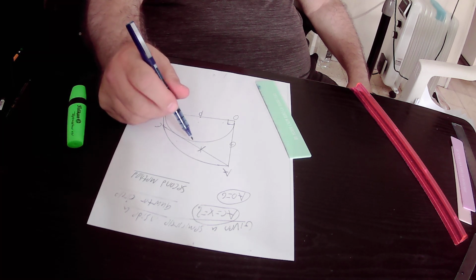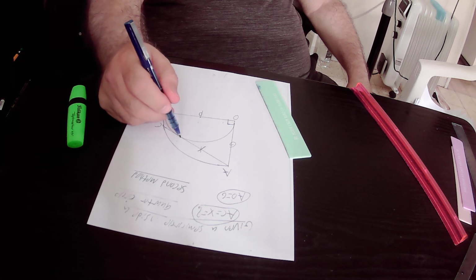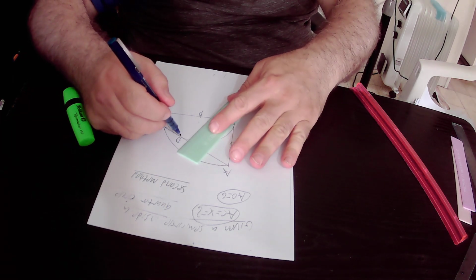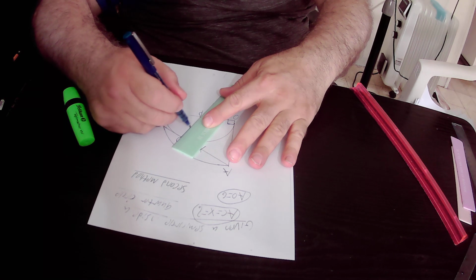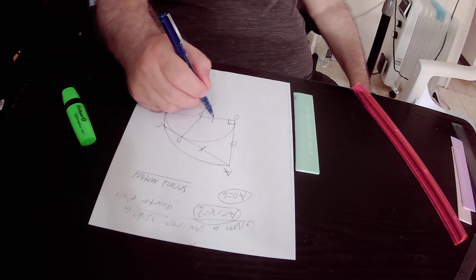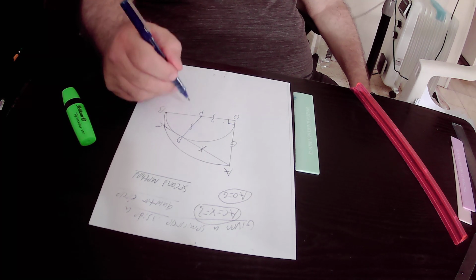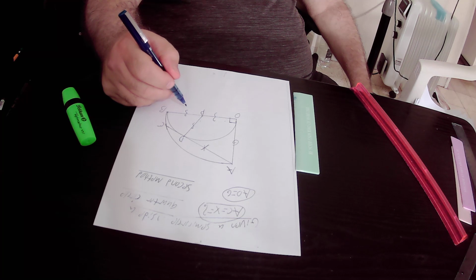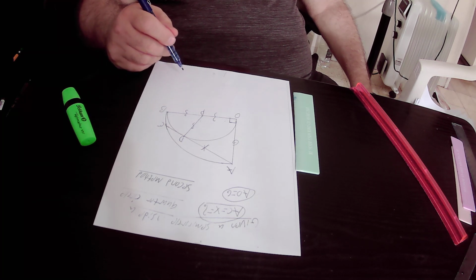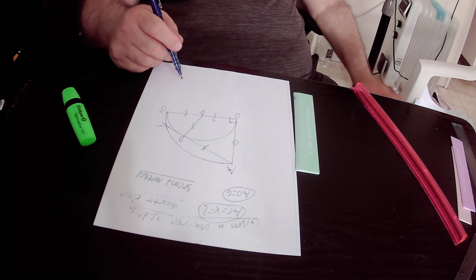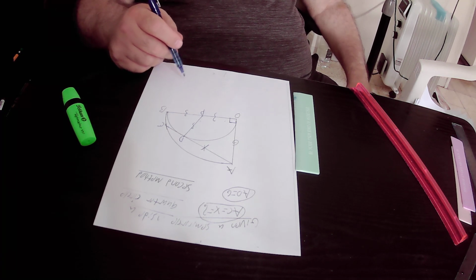Point D is the point of tangency of tangent AC with this semicircle. And we have already found out that OP equals 3 units, PD equals 3 units, and also PB equals 3 units. All the line segments that I mentioned are the radii of the semicircle, which equal 3 units.